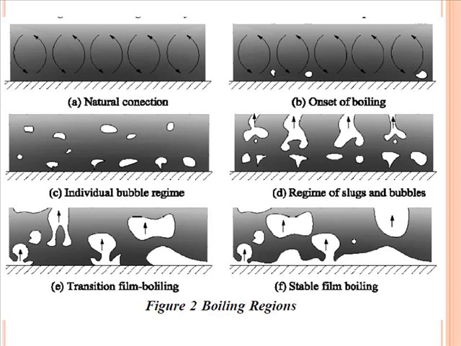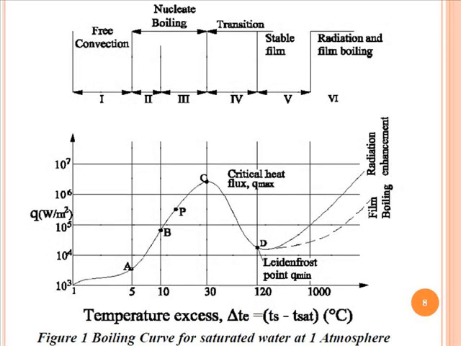Because of that you will observe a sudden drop in the Q value, that is heat flux, and the excess temperature reaches point number D, where we will observe unstable boiling.